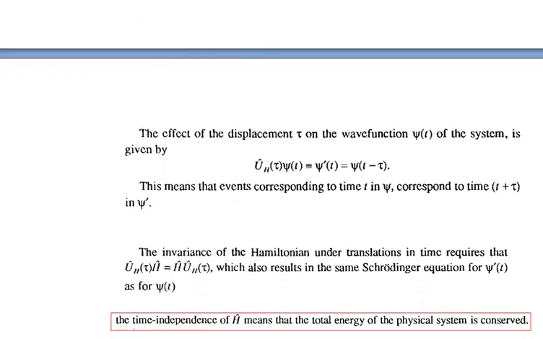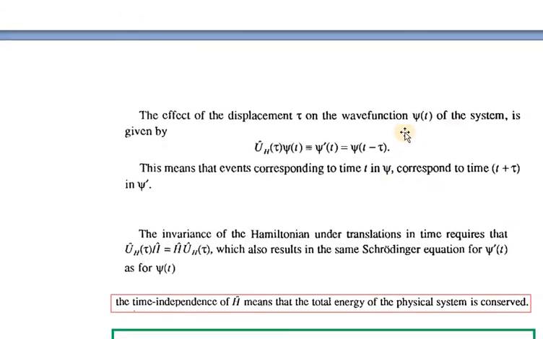The effect of the displacement tau on the wave function psi of t of the system is given by, that means this unitary operator, the time evolution operator acting on the ket psi of t, transforms it into a new wave function psi prime of t, and we can write that as psi of t minus tau.